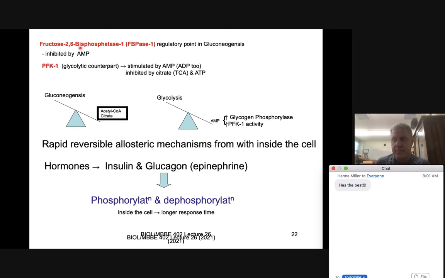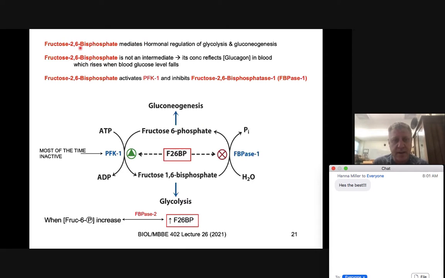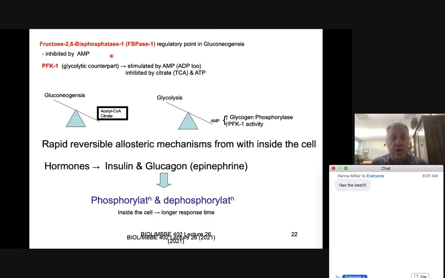Now, AMP is indicating to us, let's go back here, AMP is indicating that we need to basically go through consuming ADP to make ATP. So we're going to ideally promote the process of glycolysis and allow us basically to make more energy.